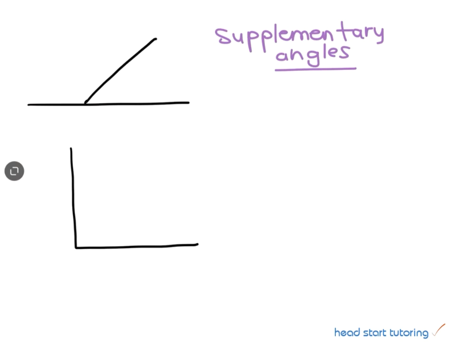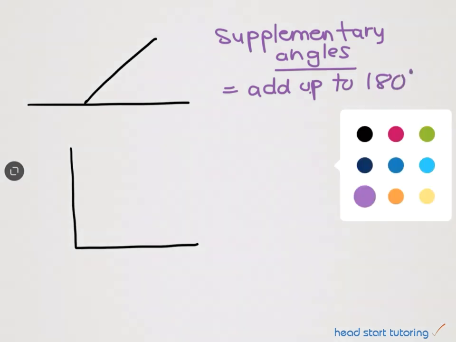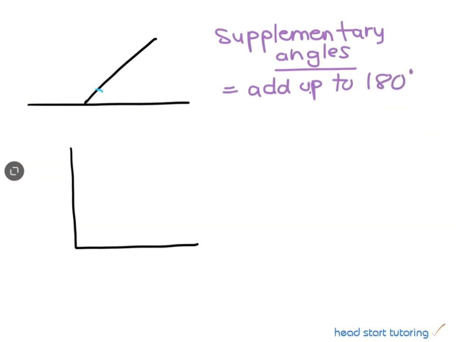Right, supplementary angles are angles that add up to 180 degrees. So this angle here and this angle here will equal 180 degrees. So if this angle is 40 degrees, we will know that the other angle is going to be equal to 140 degrees.